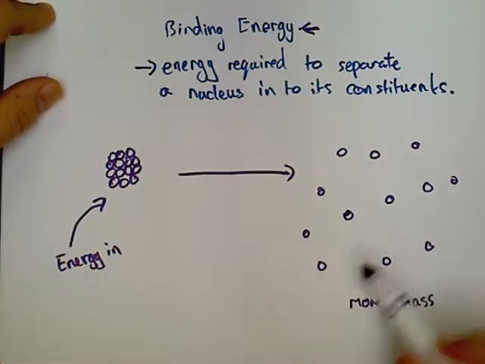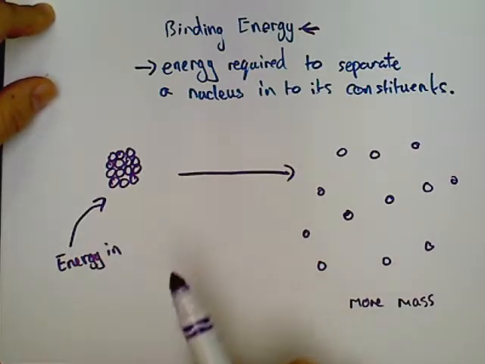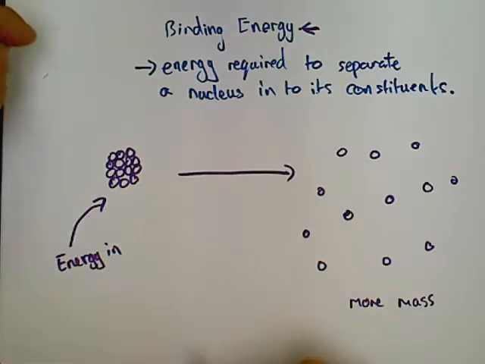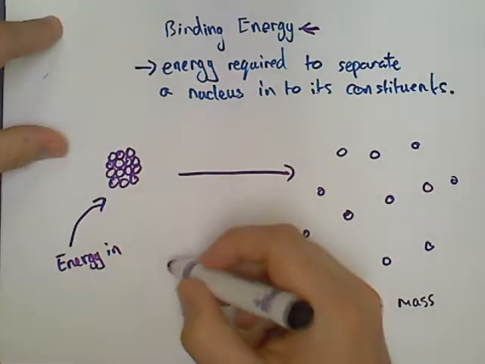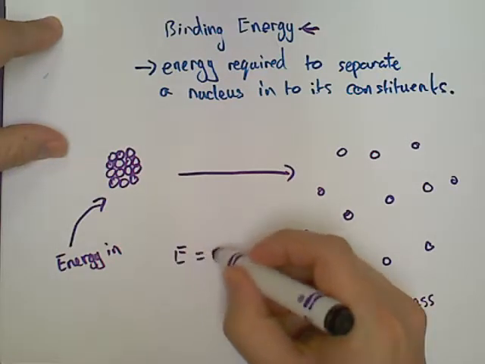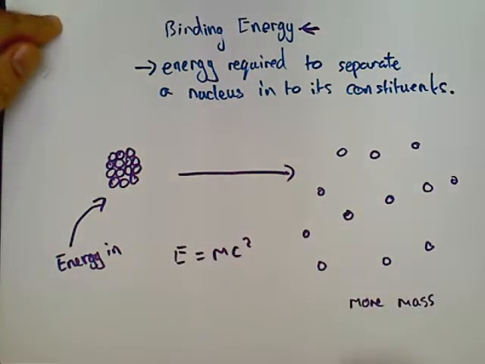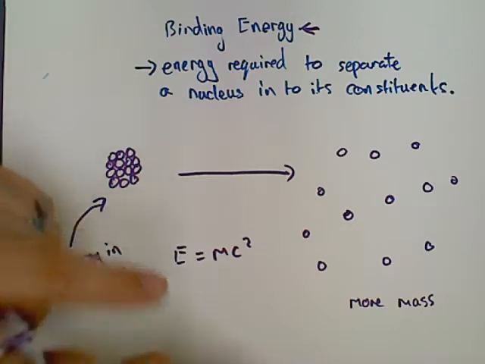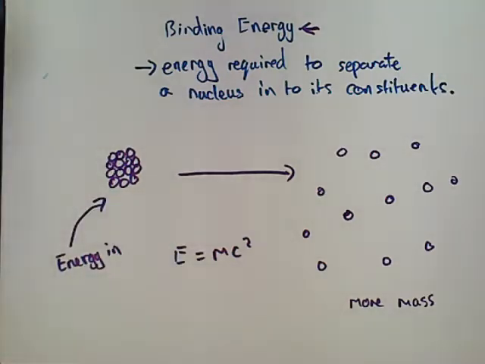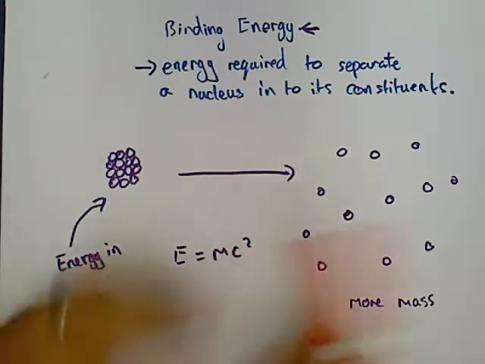Now that might be very, very odd for you to get your head around because you don't have a concept yet of Einstein's energy equation, which is otherwise known as E is equal to mc squared. Now this equation is very, very poignant and very useful because it explains why we have more mass here. Because energy and mass are almost synonymous.